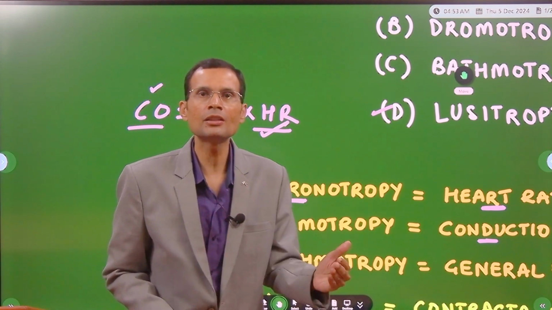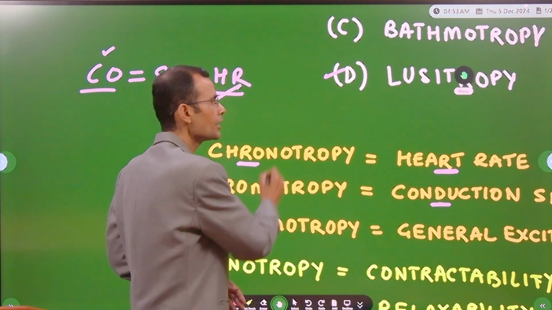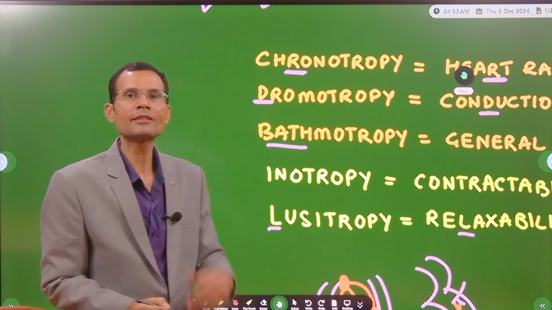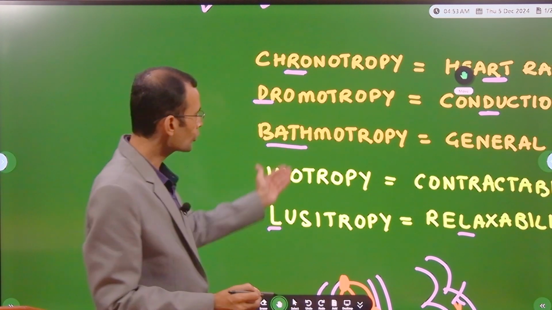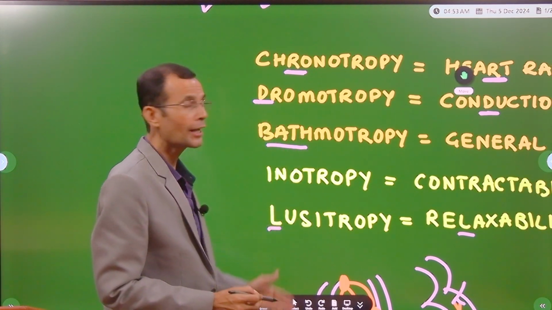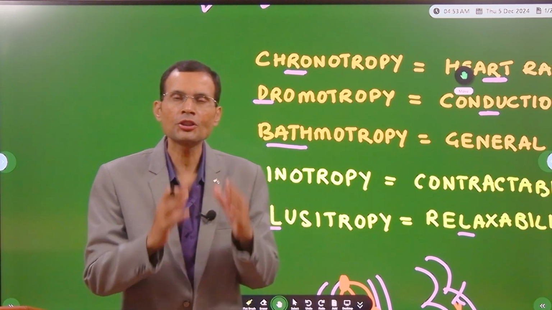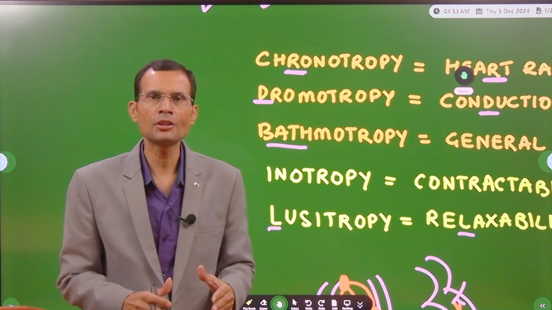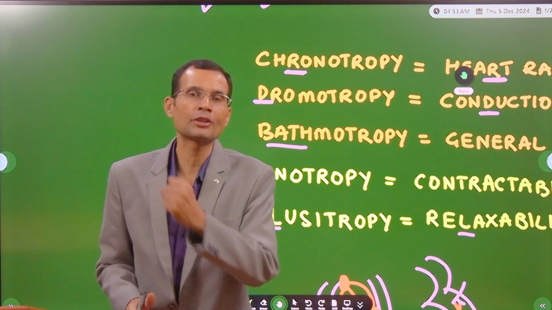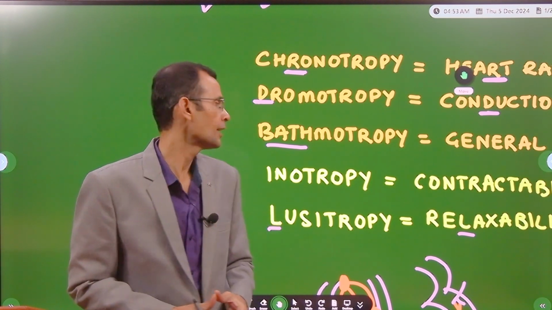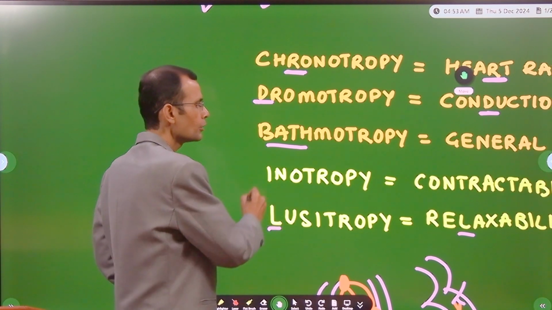Finally, sympathetic stimulation, on the other hand, has all these effects positive. That is positive chronotropy, positive dromotropy, positive bathmotropy, positive inotropy. Mark this: positive inotropic effect is an important effect of the sympathetic nerves. They increase the strength of contraction of the ventricles, and of course also positive lusitropy.